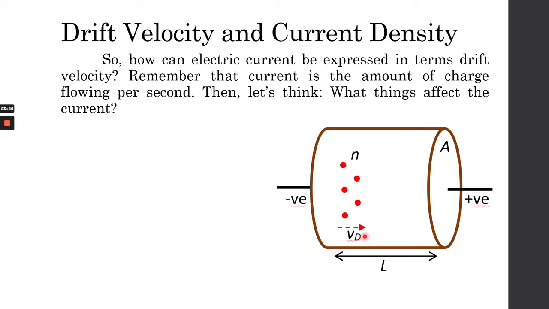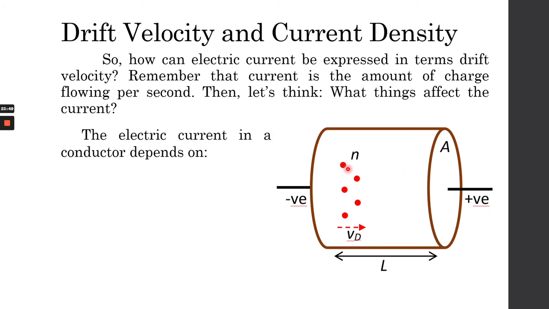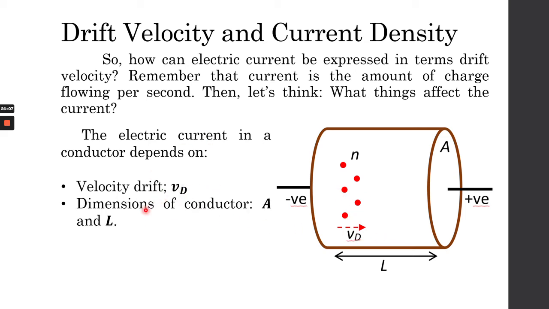So what things affect the current in this type of situation? Number one, because current is the amount of charge moving per second, the drift velocity affects the current. Number two is the dimensions of our conductor.